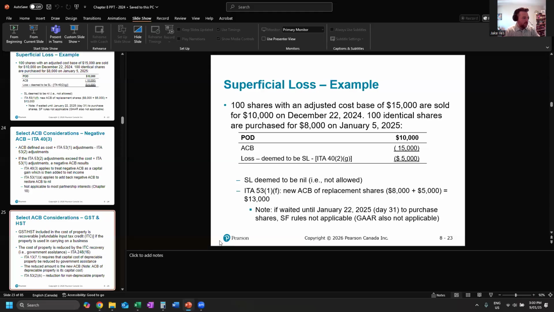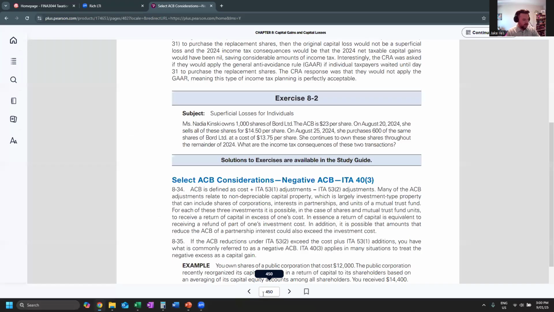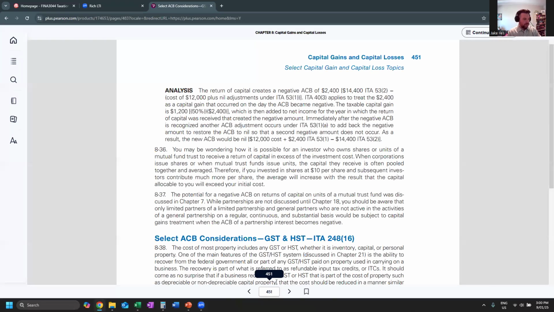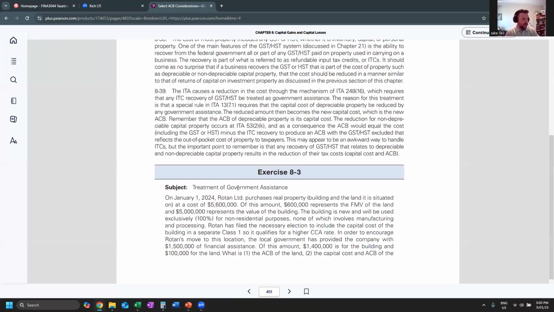So we'll do the next question. That is 351, I believe. Or 51. So treatment of government assistance. There is a purchase of real property at a cost of 5.6 million, but 600,000 represents the land. So the building was $5 million. The building's new, will be used exclusively for non-residential purposes.